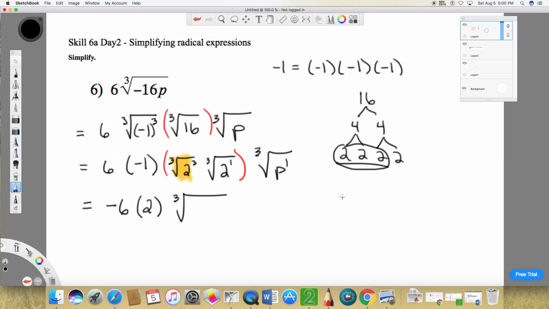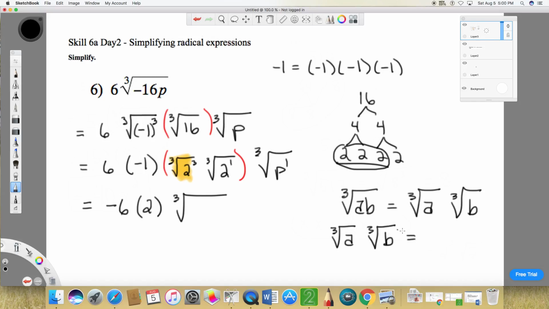So if I can take the cube root of some product and break it apart, I can also look at this and say, hey, if I have two radicals that I can't simplify and they have the same index, I can put them back underneath the same radical.